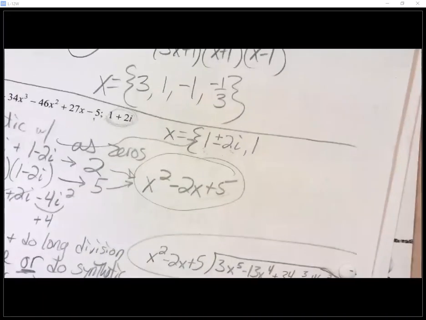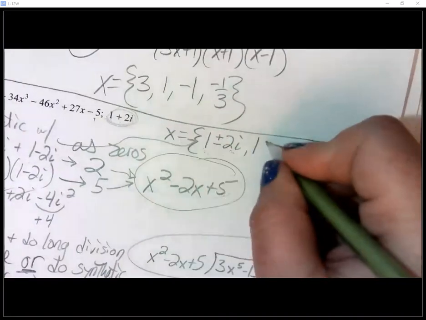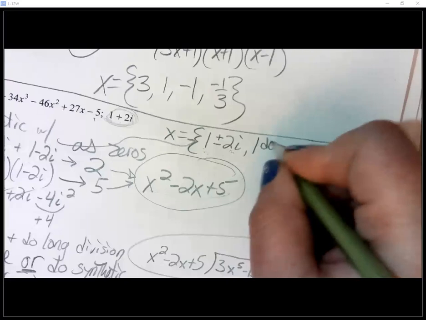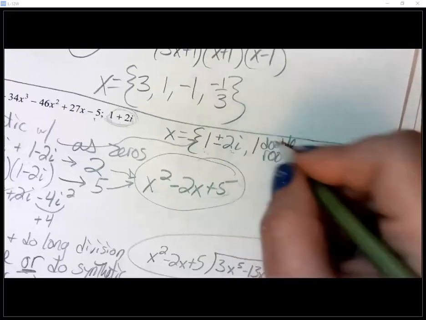So I had the 2 that they gave me. Then we found 1 as a double root. So there's 1, 2, 3, 4, and 1/3.